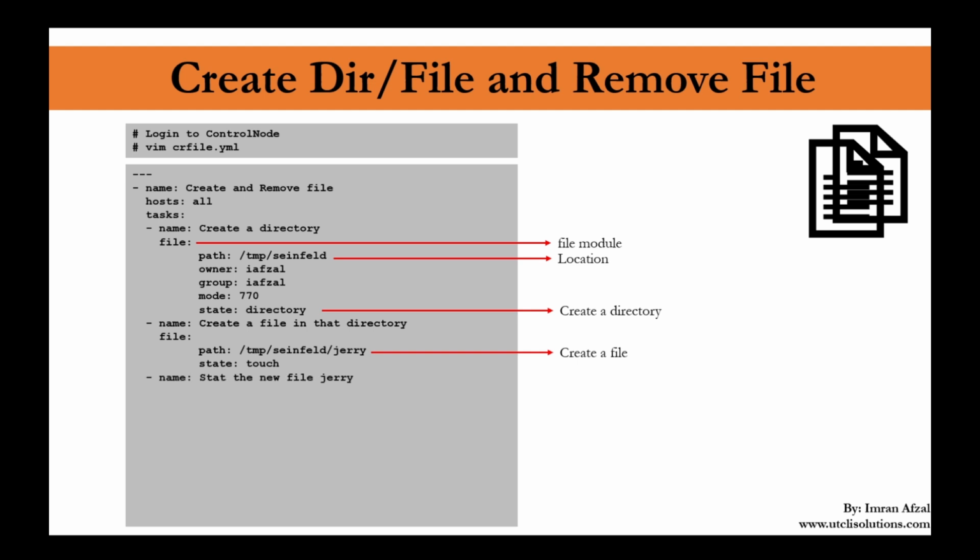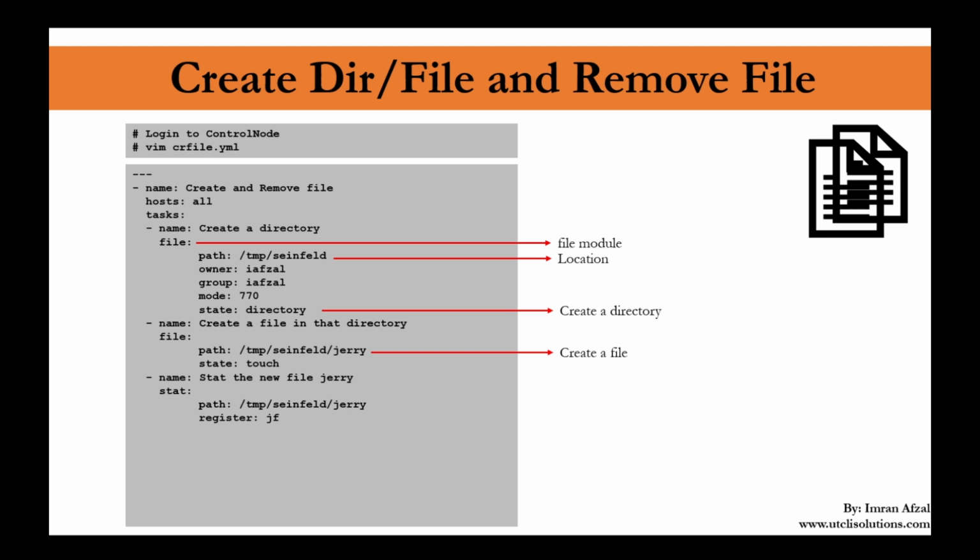The next task is to stat the new file Jerry, meaning we have to check and confirm whether the Jerry file has been created. We'll use the stat module, and the path is which file we want to stat. It's the file we created in the earlier tasks: /tmp/Seinfeld/Jerry.